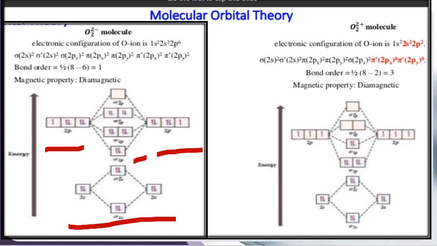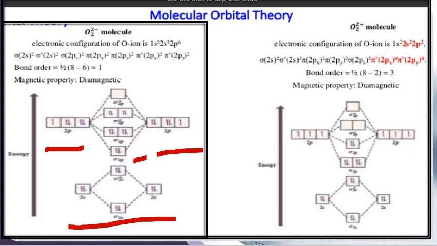These 4 electrons will move to the anti-bonding molecular orbitals, that is pi star 2py and pi star 2pz. As these two degenerate orbitals are available, by placing one electron in each, there are still two to be accommodated, so pairing will be done. So 4 electrons will be accommodated here. None of the electrons is left to be placed in sigma star 2px.